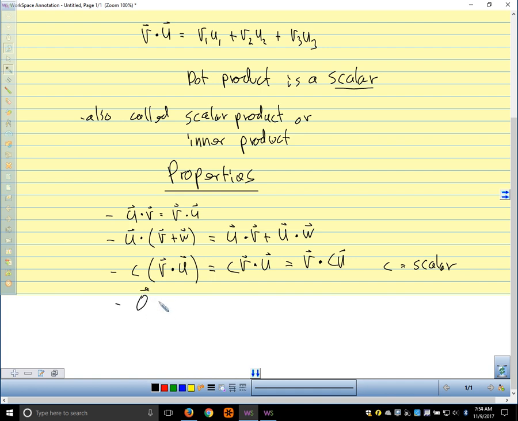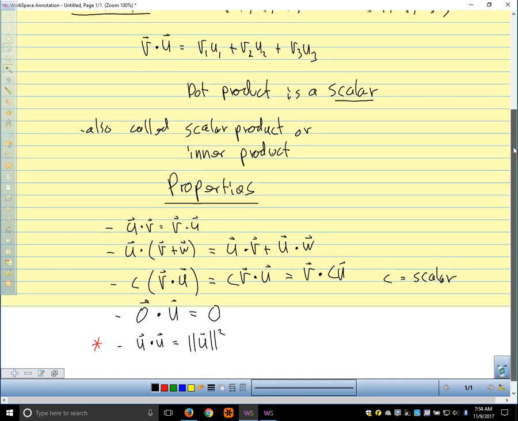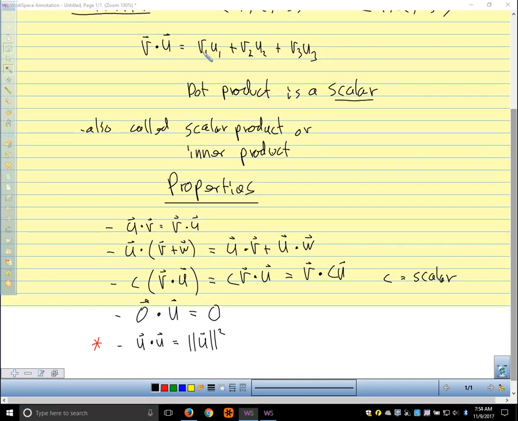0 dot any vector is 0. So the zero vector dotted with any vector is 0. This next one turns out to be one that comes up a lot. It's an important one. If we dot a vector with itself, U dot U is the magnitude of U squared. If you think about how we form the dot product, if this were U dot U, you'd get U1 U1, U2 U2, U3 U3.